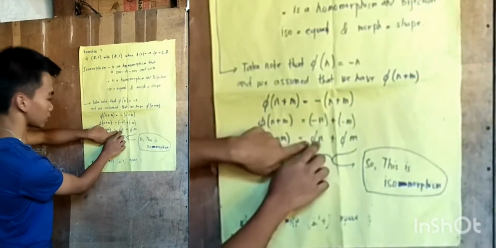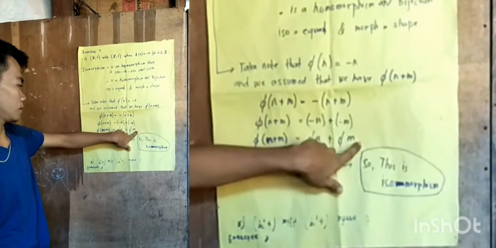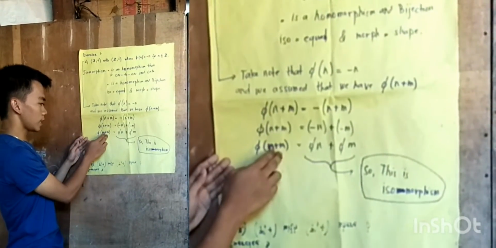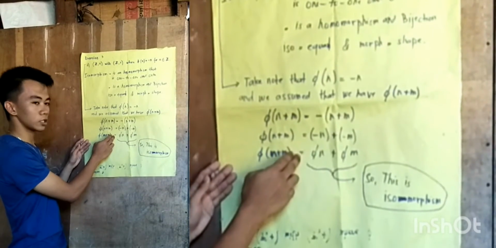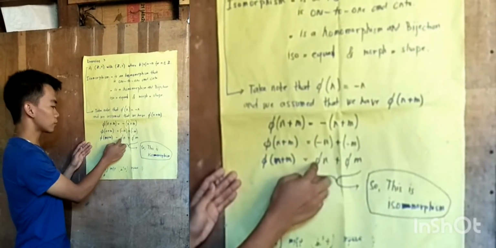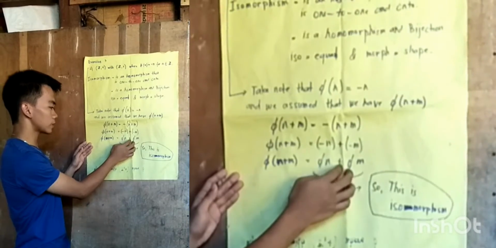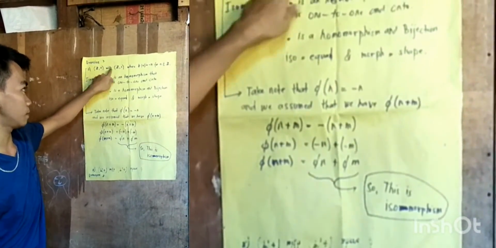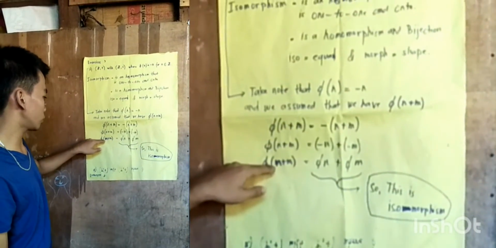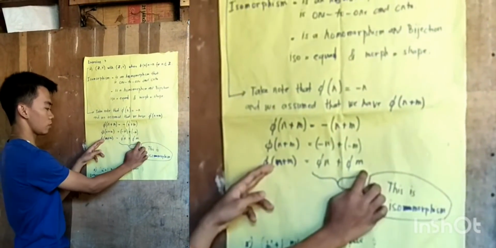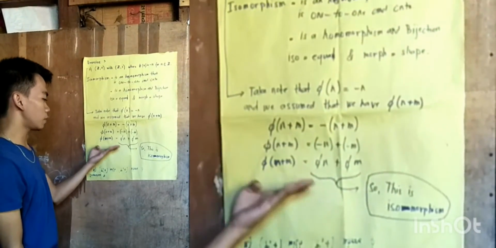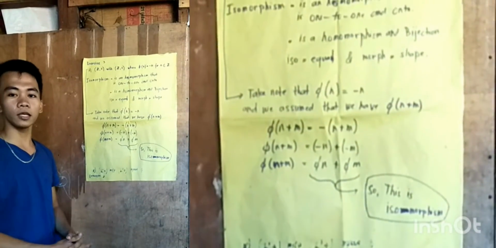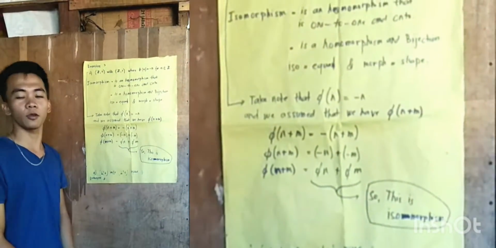That's why we have φ(n) plus φ(m). Therefore, φ(n plus m) is equal to φ(n) plus φ(m), because we are talking about positive integers here, and here also positive and positive. So therefore, this problem is an isomorphism. That's all for today. I'm Adrian Jay R. Thank you.